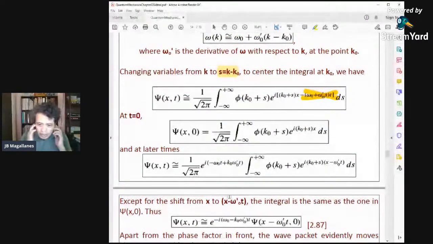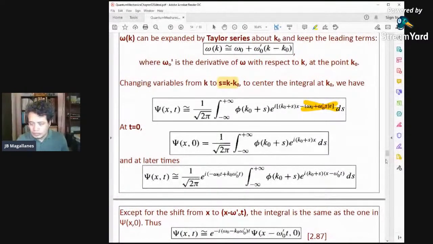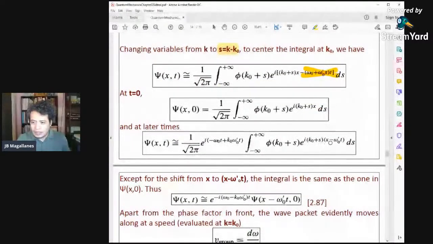at later times you can write this as x minus omega sub 0 times t. Of course, this is for the later time, this one, and of course, this one also.